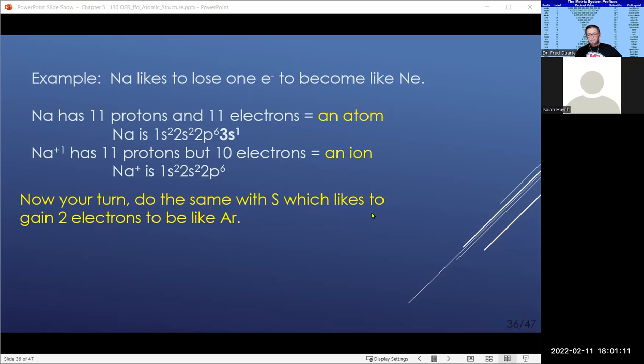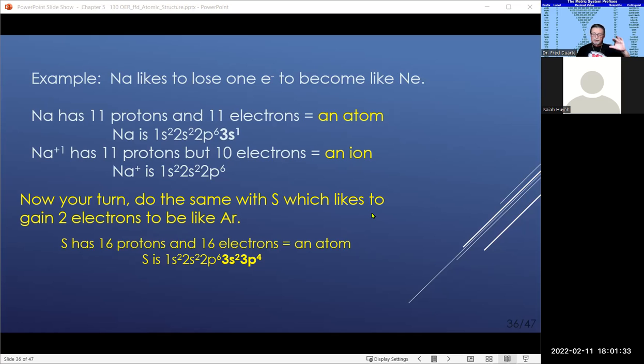Now go to the other end of the periodic table, we look at sulfur. Sulfur, its electron configuration is 1s2, 2s2, 2p6, 3s2, 3p4. It is a nonmetal. You can see here that based on the valence shell, it can gain 2 electrons. So it's got, at this point, as an element, 16 protons, 16 electrons, net 0 as the element.